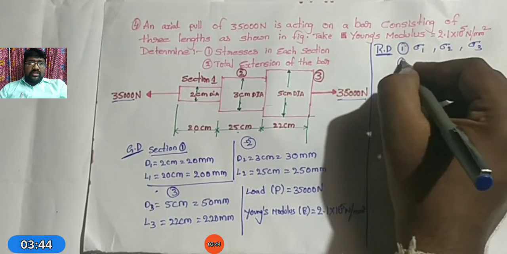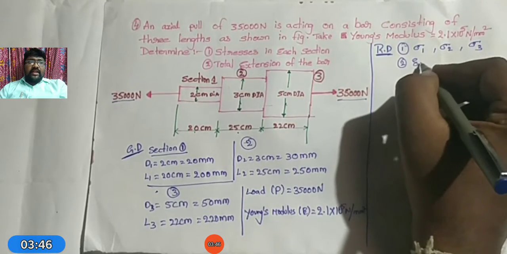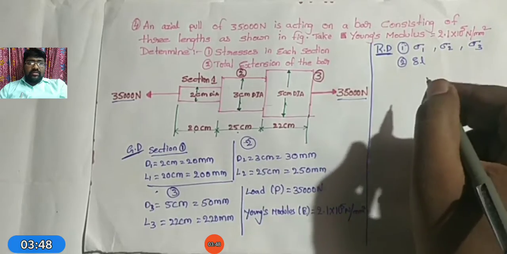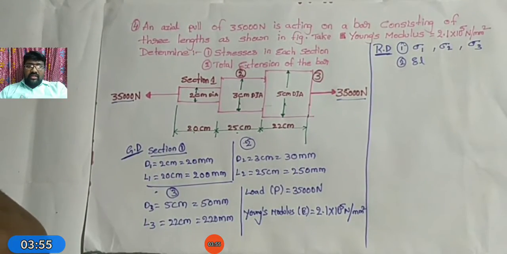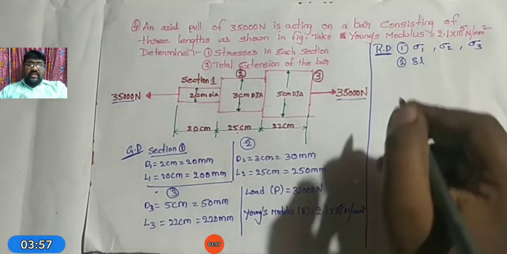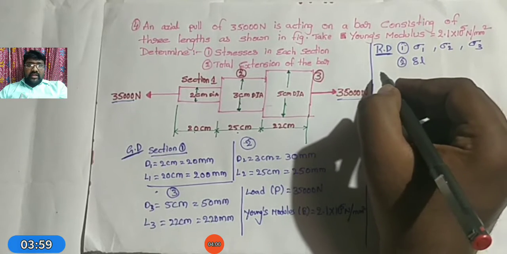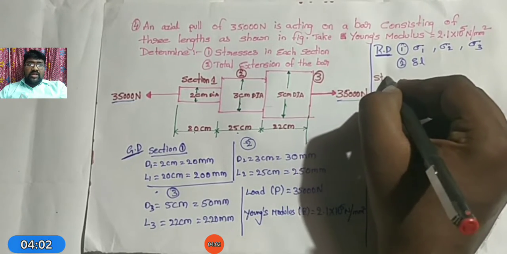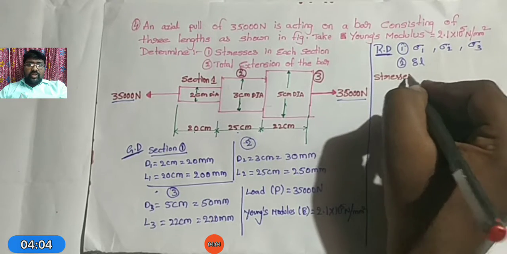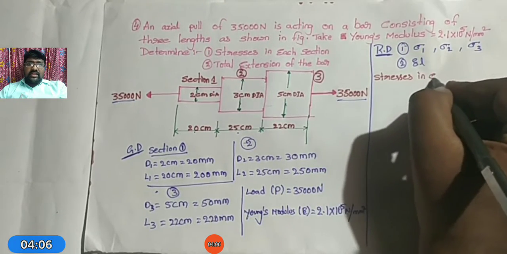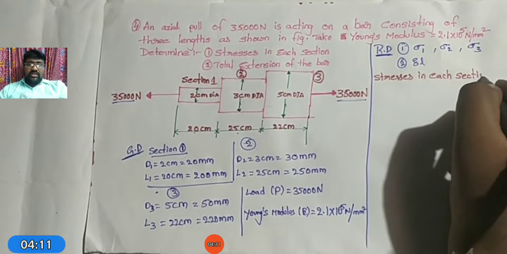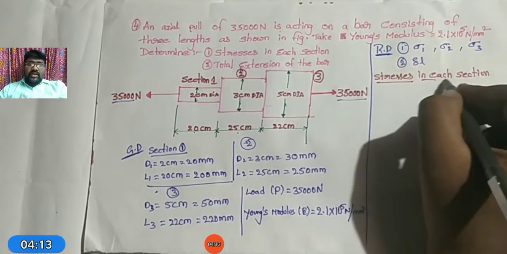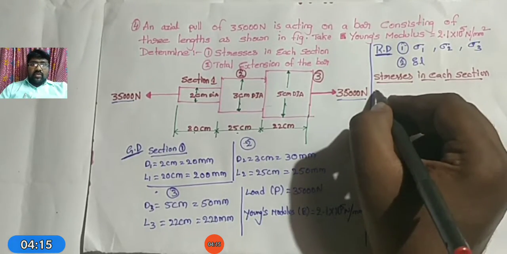Second is the total extension, that is delta L. That is calculated from every section, that is delta L1, delta L2 and delta L3. By calculating the change in length in each section and adding them, we get the total change in length. First we need to calculate the stresses in every section. For that we consider section 1.